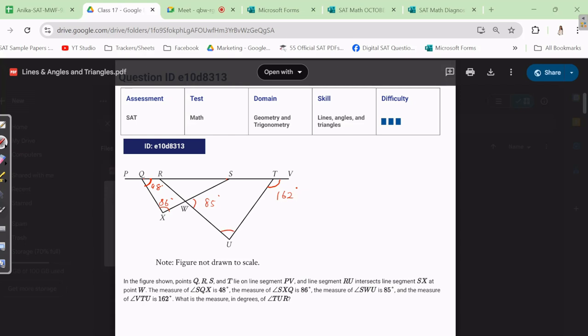TUR, this one. Okay, Anika, how did you do with this? I think I accidentally skipped two, and that was the answer to three. Oh, you carried on, okay, you went to number 3.